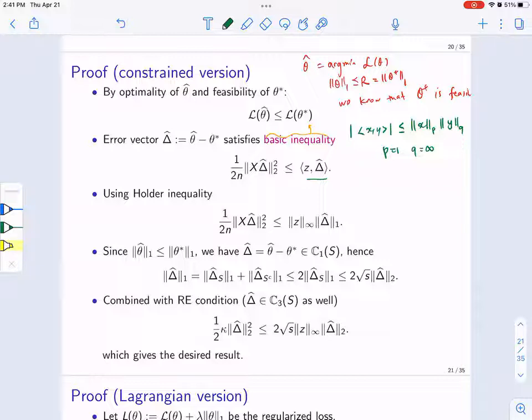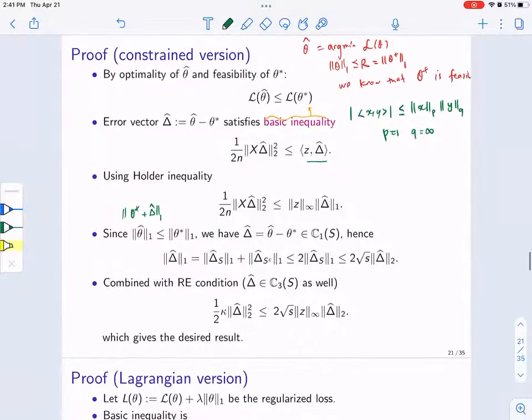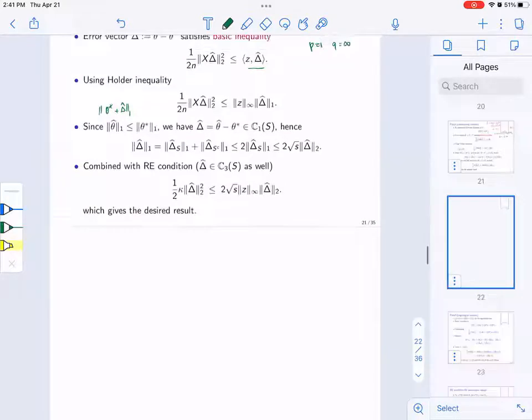So by assumption, we have this feasibility constraint, and this is the definition of delta hat. If I rearrange this a little bit, this is going to be the L1 norm of theta star plus delta hat. That's the norm assumption, and this part of the argument is like the descent cone argument that we did.